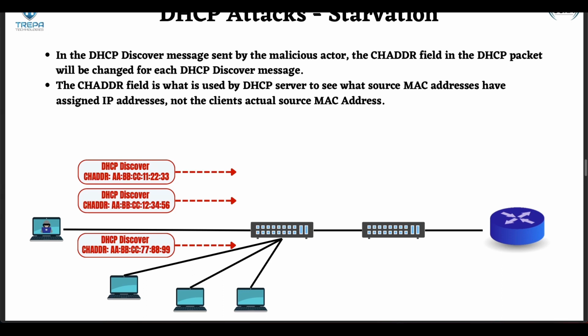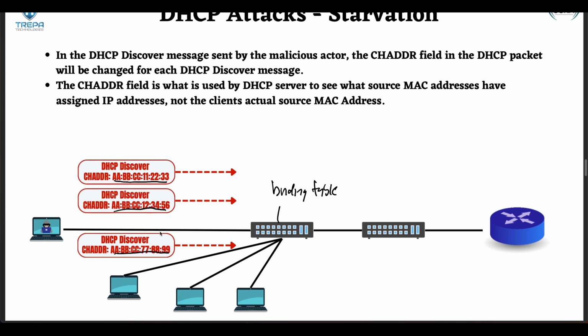So if they're changing this, the DHCP server just looks at that. And that's why we need that binding table that we just discussed, which will correlate the source MAC address to the client hardware address, and of course the IP address assigned to them.